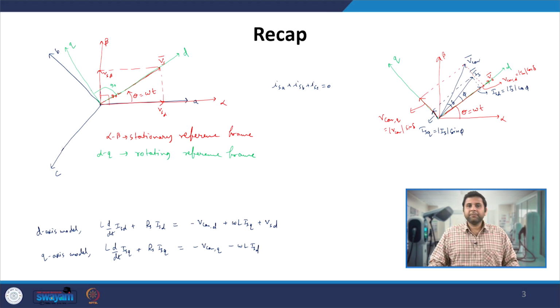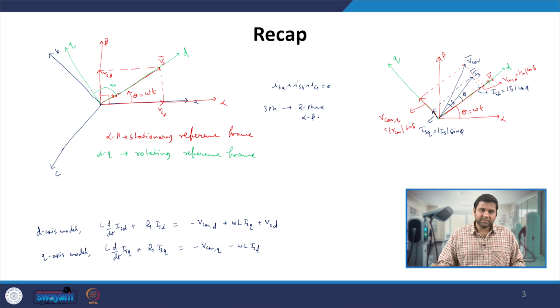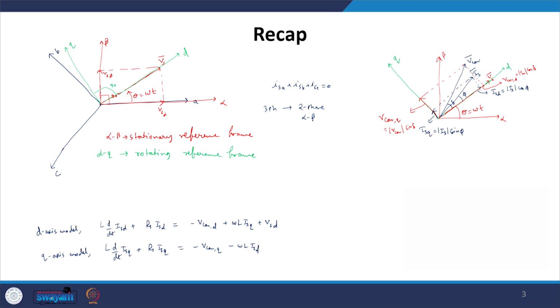Now to make them independent, we move from the three phase system to a two phase system. In the two phase system, we have defined the alpha and beta axes, which is nothing but the stationary reference frame, where, since alpha and beta are 90° from each other, the quantities represented in the alpha and beta frame are mutually independent of each other.